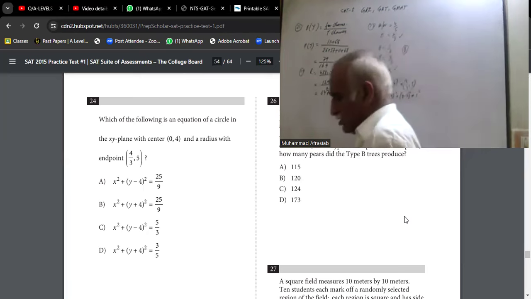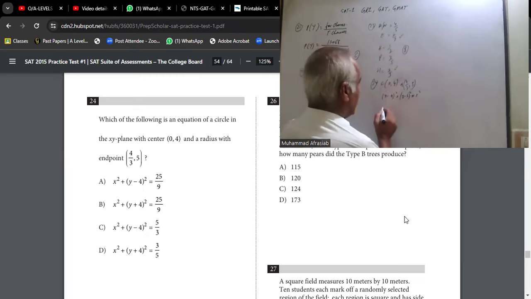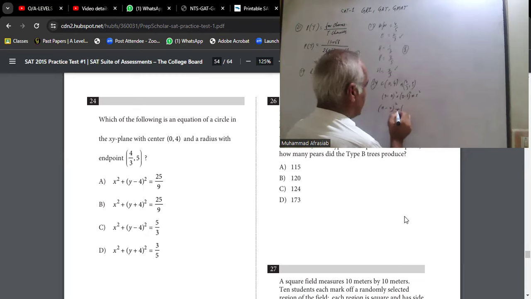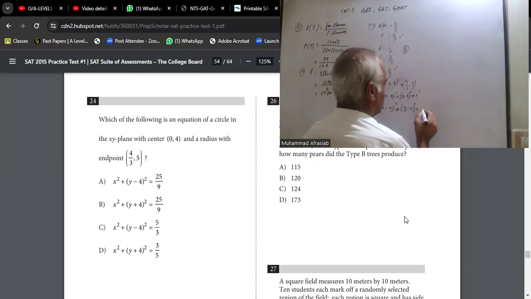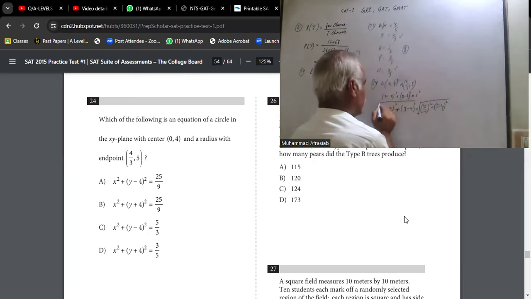So you are going to find out from this equation: x minus 0 whole square plus y minus 4 whole square is equal to the endpoint, which is 4 over 3 whole square plus 5 minus 4 whole square, and that is square root, and this one is also square root.